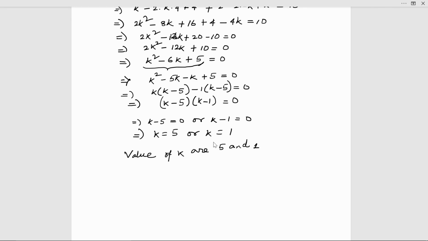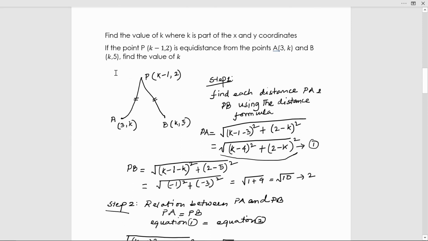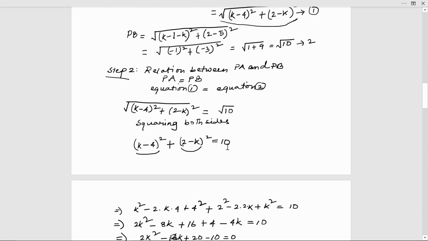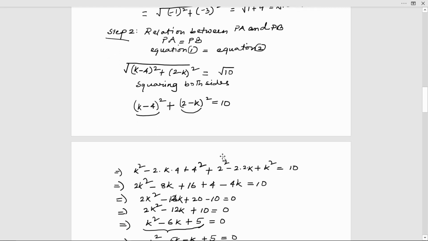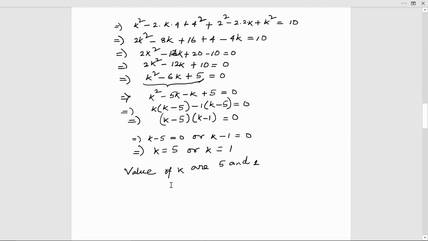So again, what we have done is break this whole problem into two steps. In the first step, we found each of the distances PA and PB. And in step 2, we know the relation between PA and PB is that PA is equal to PB, therefore equation 1 is equal to equation 2. We put equation 1 equal to equation 2 and solve this equation, and after solving we can find the value of k.